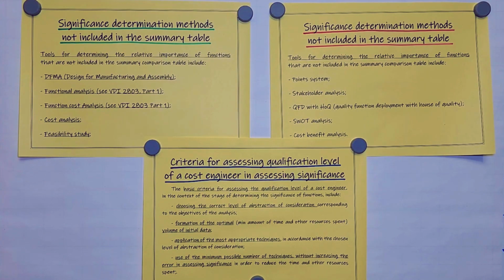Placing in the VDI 2808 standard, as a tool for determining significance, such a position as price analysis, and mentioning in the description various accounting systems, absorption cost and variable cost, also raises questions related to the discrepancy between the level of abstraction of consideration and the complexity of approaches to analysis.